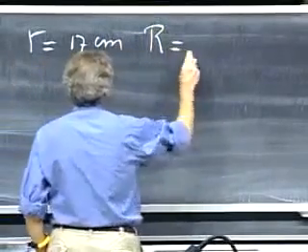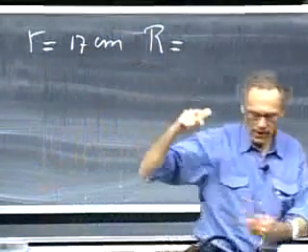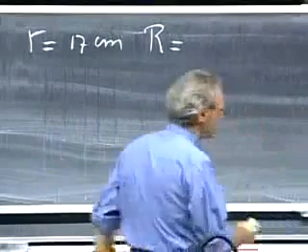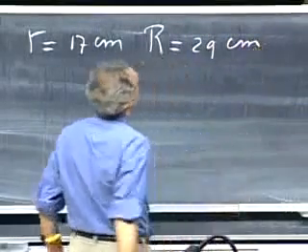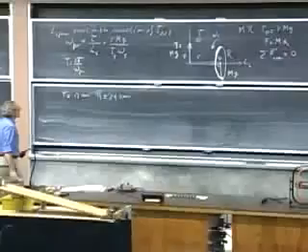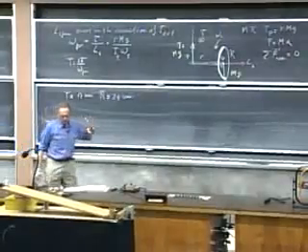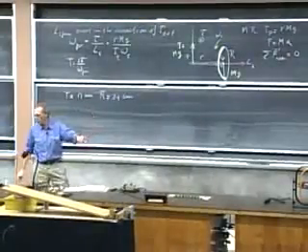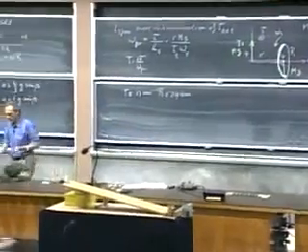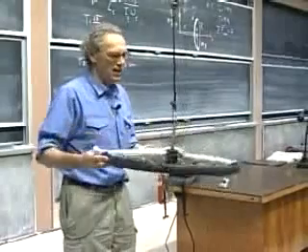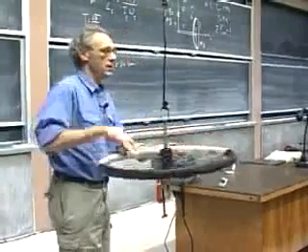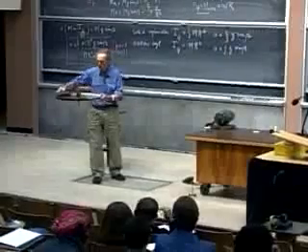And the radius of the bicycle wheel is about 29 centimeters. And let me make the assumption that all the mass of the bicycle wheel is at the circumference, which is not very accurate, but it's close to that. I mean, there are some spokes here, but let's assume that everything is here, so then the moment of inertia is mr squared.